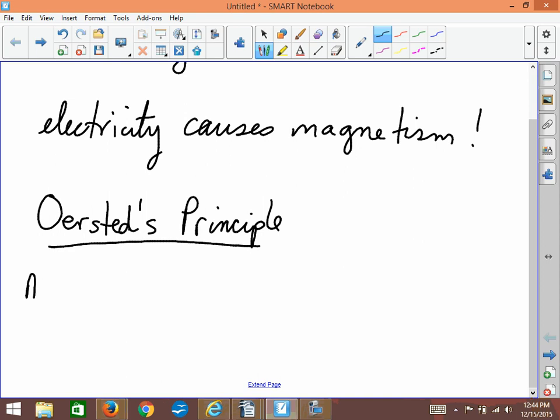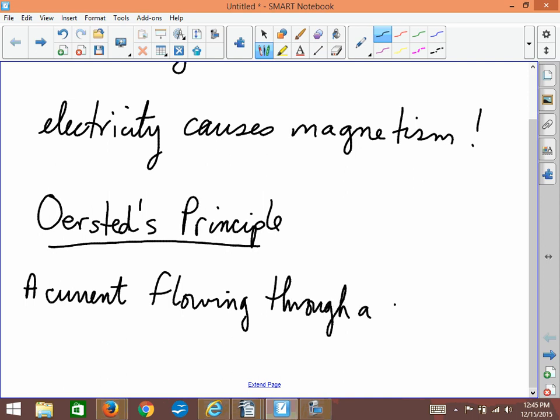He said that a current flowing through a conductor or a wire. A conductor is just a fancy word for a wire, right?